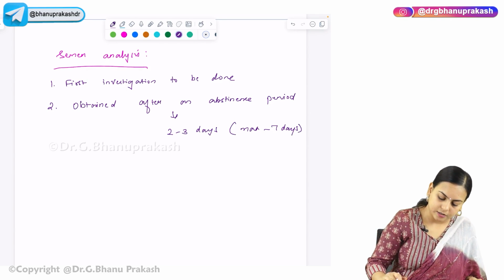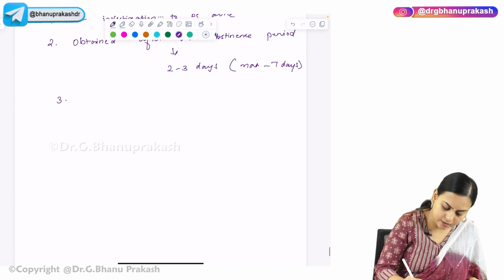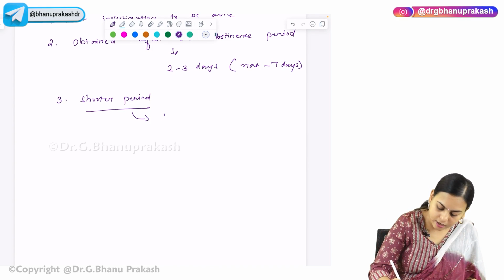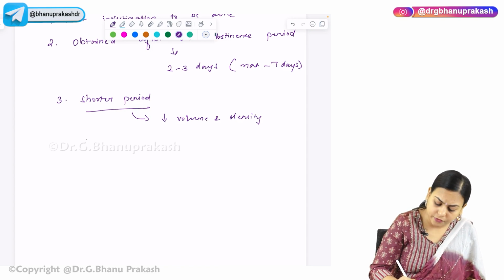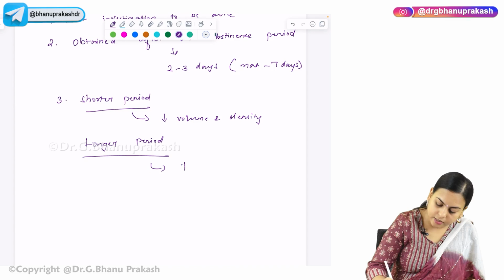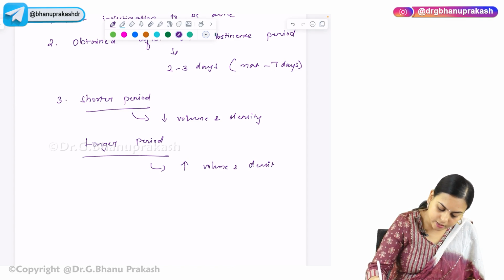Clear? And if it is a shorter period, what happens? If you obtain it very shortly, there is decreased volume and density. Suppose if you obtain it after a longer period of abstinence, then there is increased volume and density.